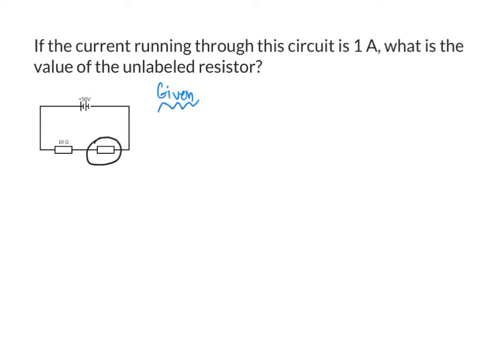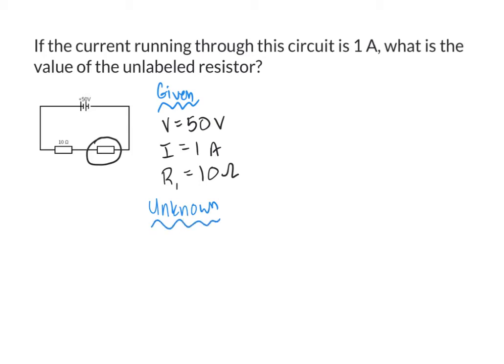In this problem, I know that my voltage is 50 volts. I know that my current is 1 amp. And I know that R1 is 10 ohms. For this problem, my unknown is, again, my mystery resistor, which I'm going to just call R2 equals question mark.